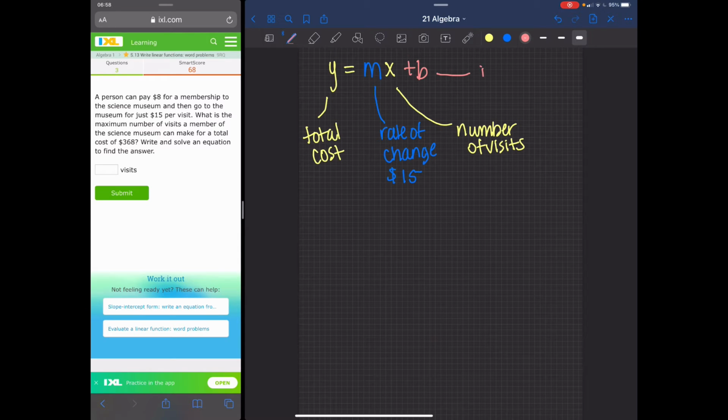So this is the initial, the starting amount. So let's write out our equation. We're going to say that y equals 15x plus 8.